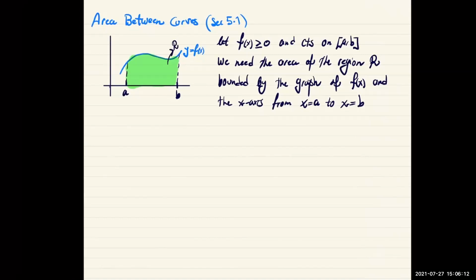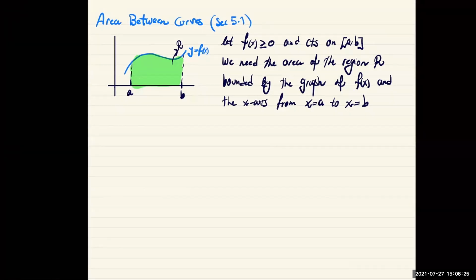Again, you would do a Riemann sum, taking partitions, doing all that stuff. But here is just a quick way to derive the area formula. What you do is take what we call a rectangular strip, like this. A very tiny one.